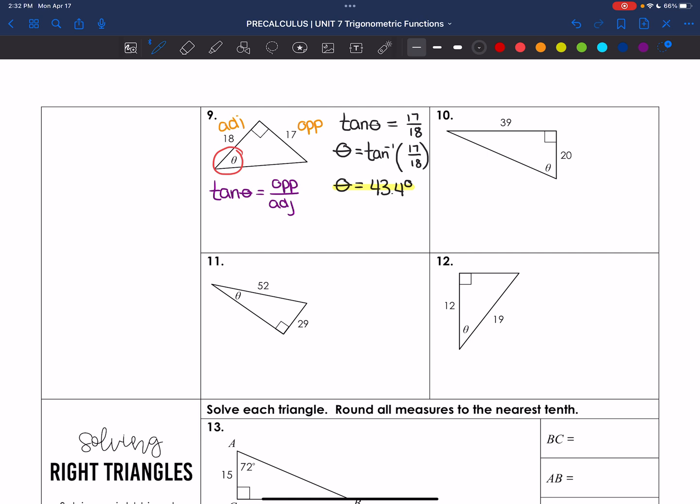Last one for our video here. Guys, we are trying to find theta, this angle. We have the length of 52, which is the, what is that, y'all? That's our hypotenuse. And 29 is the side that is opposite. So we are once again confronted with a sine function.